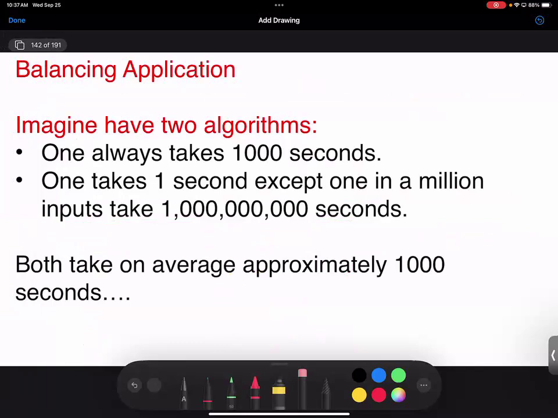So to just put what we're doing in context, what we're really doing is we're balancing algorithms. So imagine you have 2 algorithms. One algorithm always takes 1,000 seconds to run. And the second algorithm takes 1 second, except once every million inputs, it takes, is that a billion? It takes 1 billion seconds. Which algorithm would you want to use? Minimizing the worst case or the average case. Right.